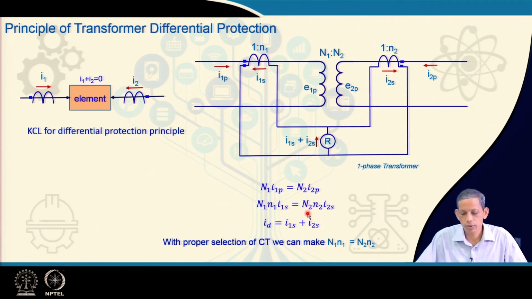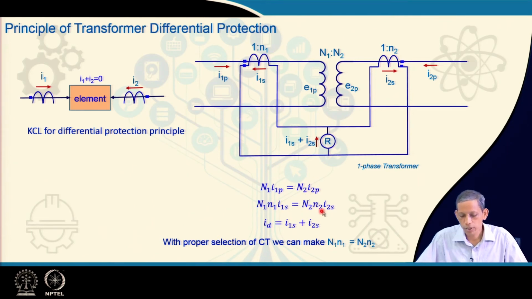So, capital N1 small n1 I1s equals capital N2 small n2 I2s. Normally, I1s plus I2s will be 0, and the differential current equals I1s plus I2s, but this balancing is no more valid in case of an internal fault.